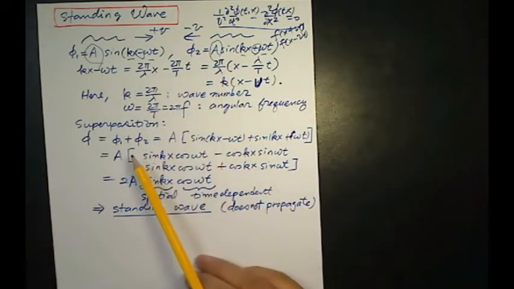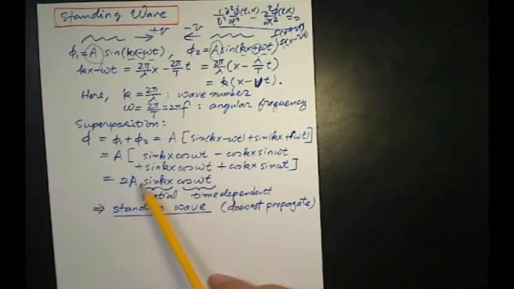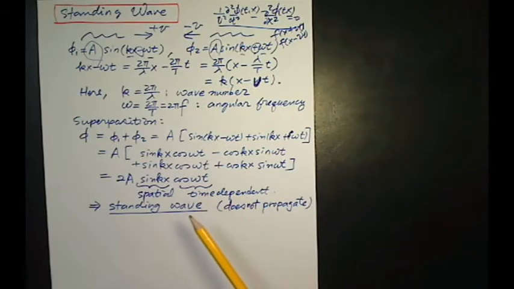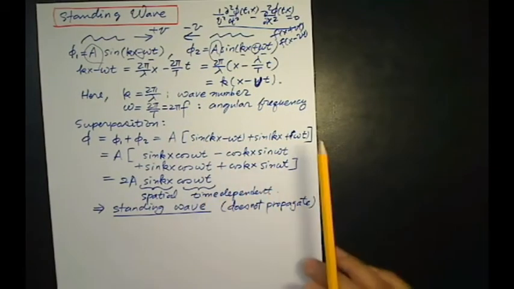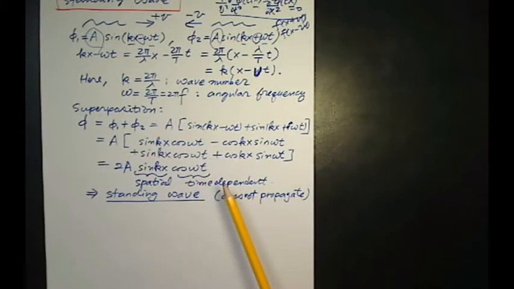Superposition of the two waves leads to 2 times sine kx cosine omega t. That means the spatial contribution and time-dependent part is completely separated.